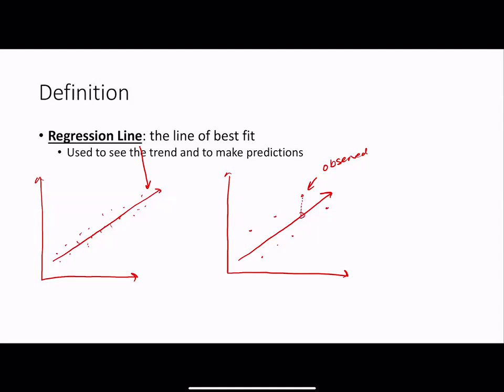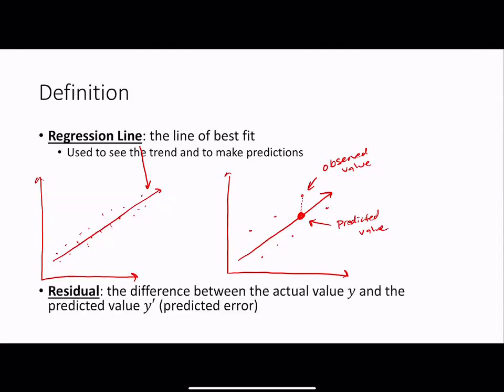This point right here is what we call the predicted value. And that dotted dashed line is called the residual. The residual is the difference between the actual value, which is the observed value, and the predicted value, which we also call Y prime.